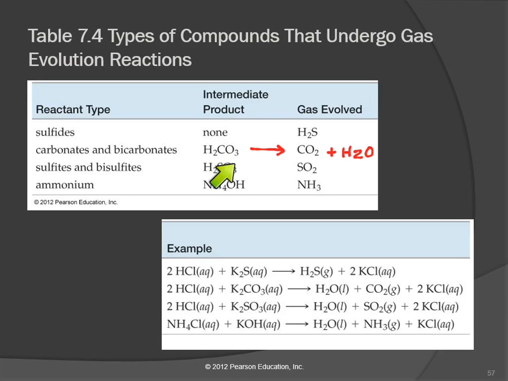CO2. The same thing happens with this one. It's going to lose a water molecule. It's going to lose the 2 hydrogens and one of the oxygens, which leaves us with SO2. And this one, not as obvious, but it's also losing H2O. It's going to lose this H and this O and one of those H's. And what's left? NH3.